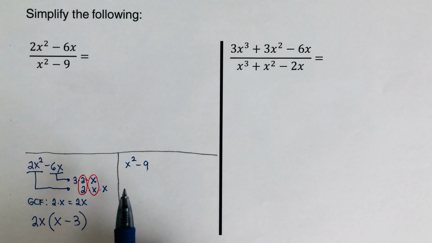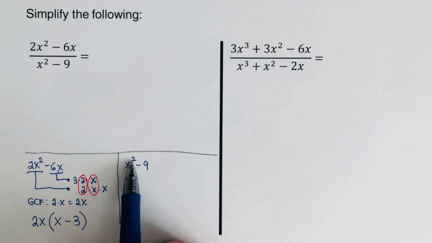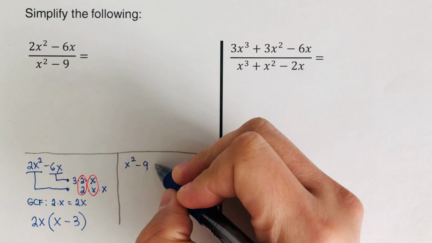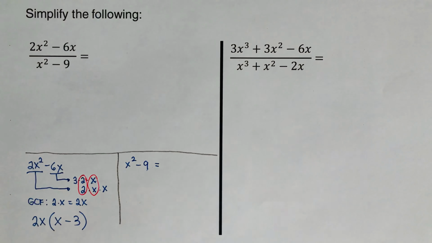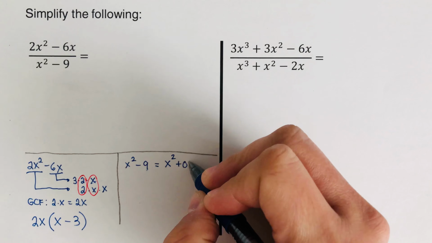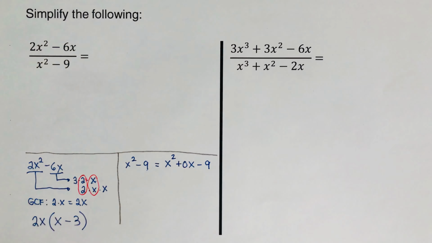Okay, now notice this one right here, x squared minus 9. We can actually write this as a trinomial by adding 0x in the middle so that we can use the box and diamond. So this can be rewritten as x squared plus 0x minus 9. It's pretty much the same thing.